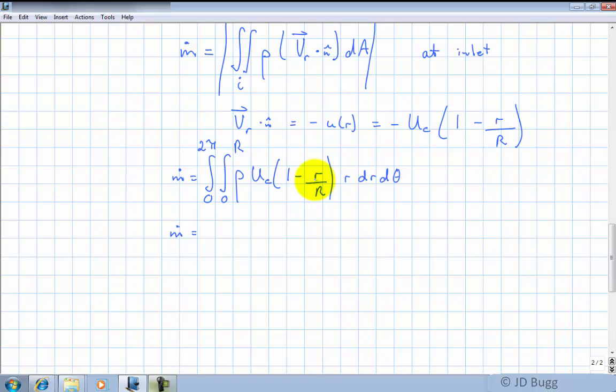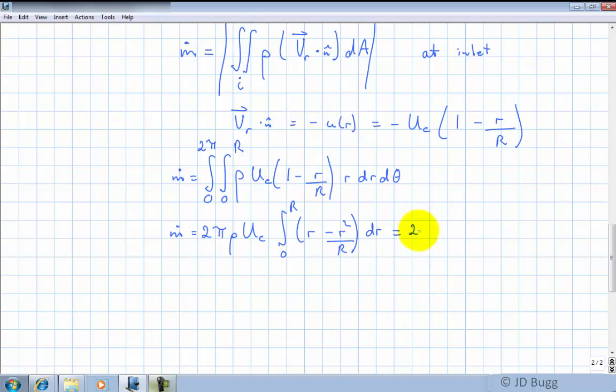Notice nothing in here depends on theta, so the theta integral evaluates right away just to 2 pi. The density is constant, Uc is constant. So we're left with an integral from 0 to R of r minus r squared over R dr. Remember, there's this r here that has been distributed into this.